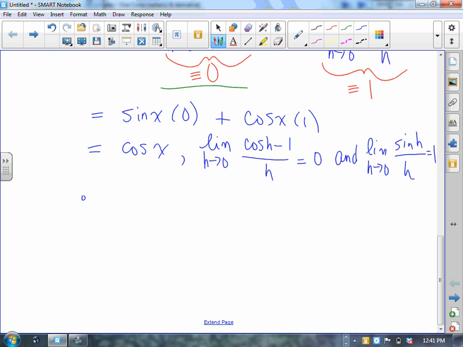So in conclusion, we can see that the derivative of the sine function with respect to x is none other than the cosine of x.